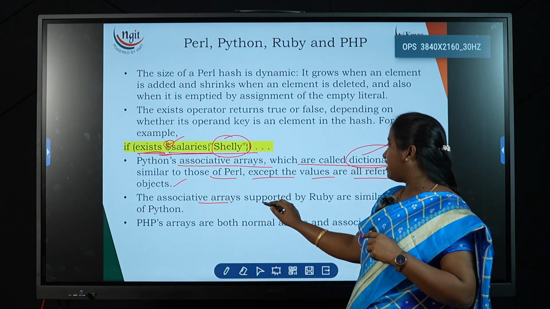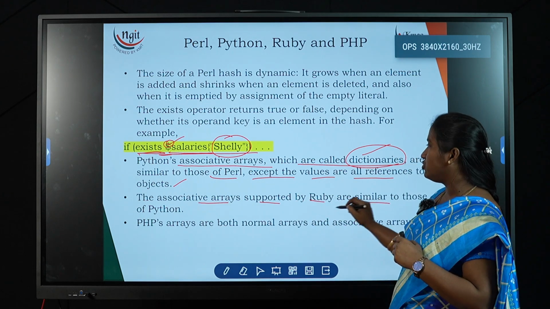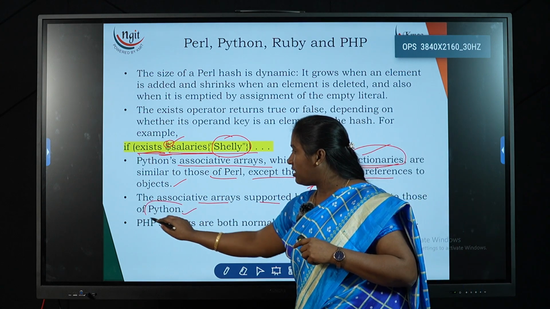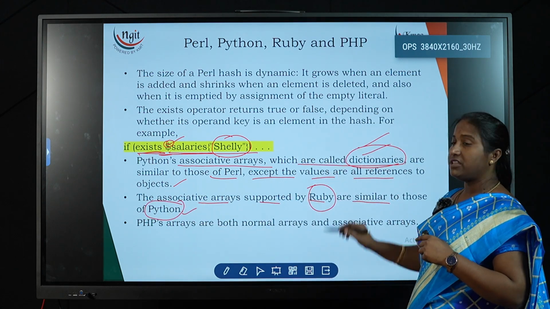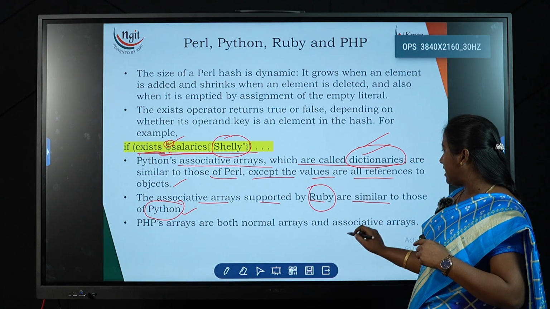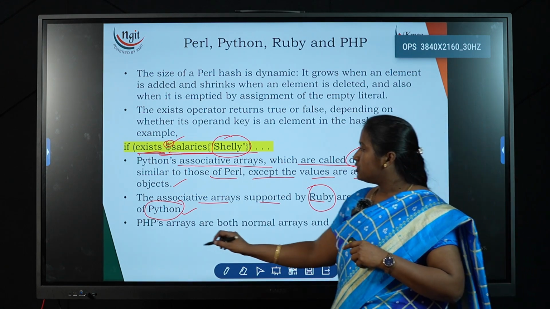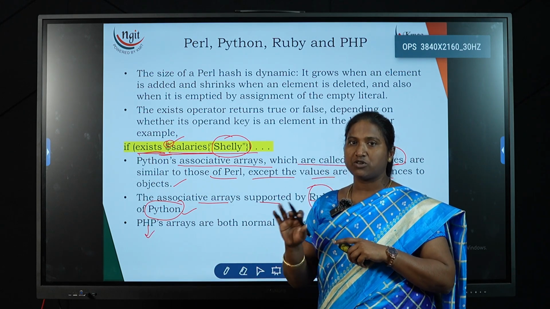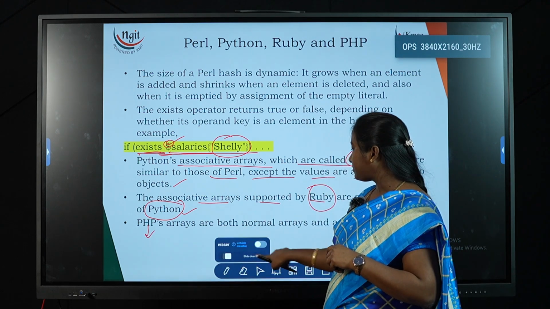The associative arrays supported by Ruby are similar to those of Python. So in Ruby and in Python, associative arrays are called dictionaries. PHP arrays are both normal arrays and associative arrays. So PHP uses arrays and associative arrays with a common syntax structure.